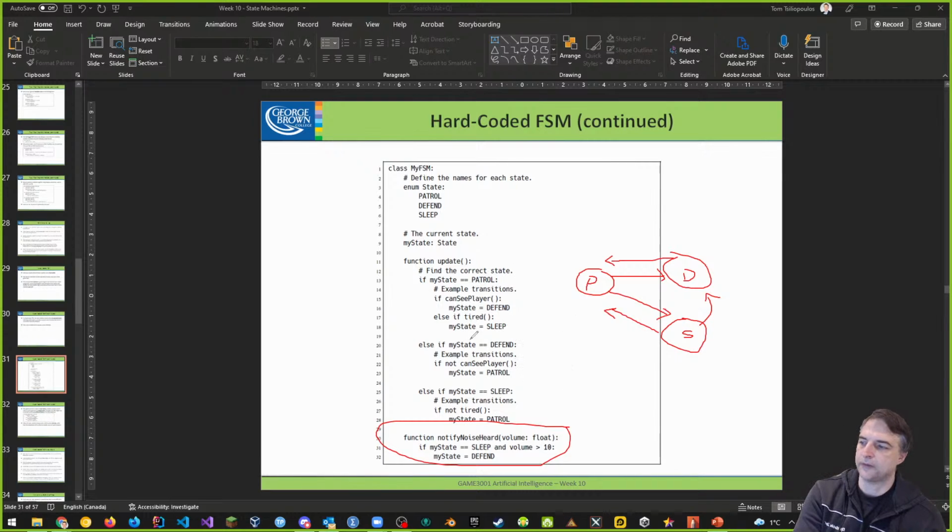Yes, that is definitely an issue. Here's something else. Simon, what if I wanted to change this thing? Or what if I wanted to set up a finite state machine for 3 different types of enemies? What would I have to do then? I'm going to have a lot of duplication. This is going to be duplicated a bunch of times over and over again.